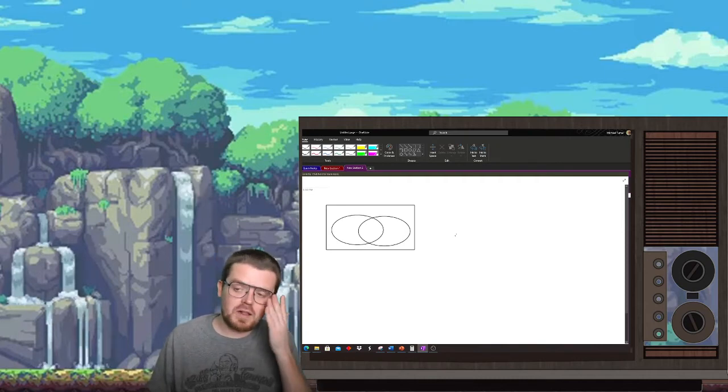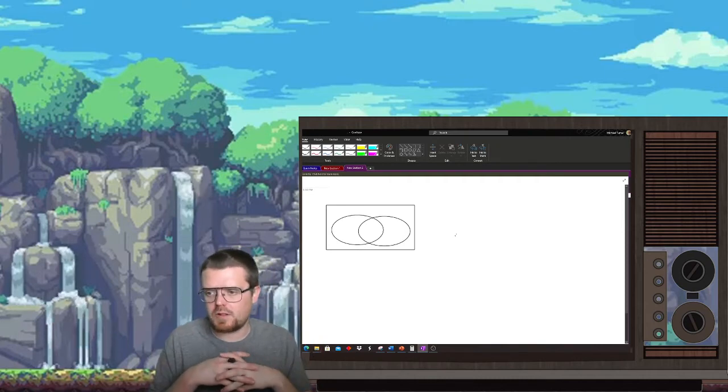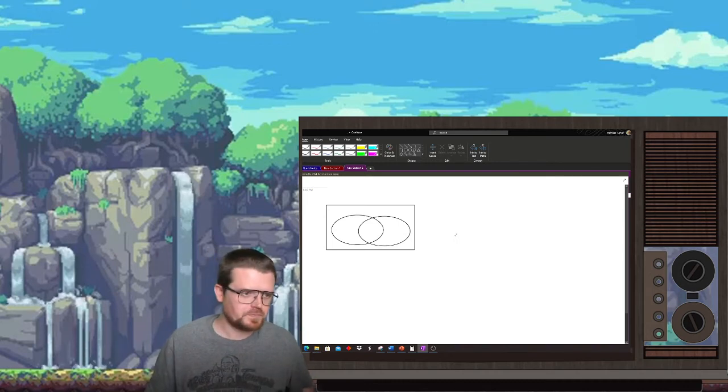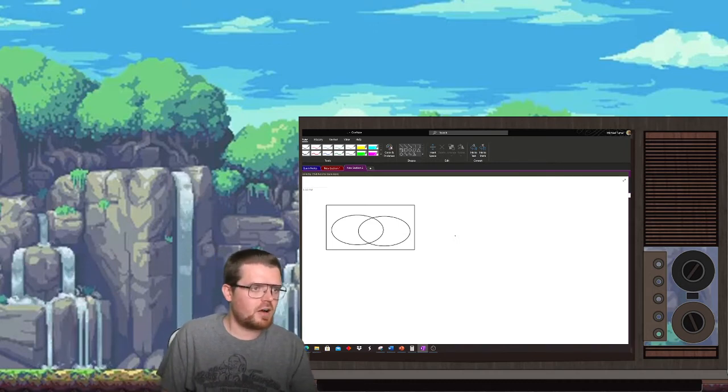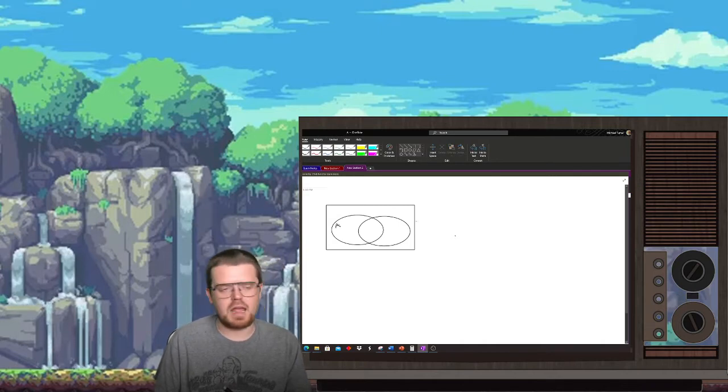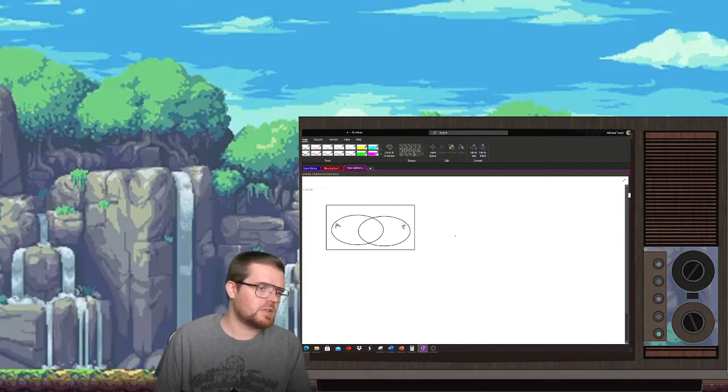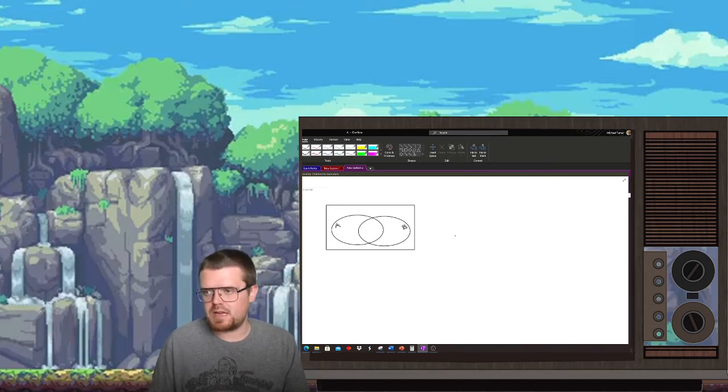They could be overlapping, it's possible that they're not overlapping, and there can be more than two. In this case, with two circles, all the numbers in one group I'm going to call set A, and all the numbers in the other group I'm going to call set B.